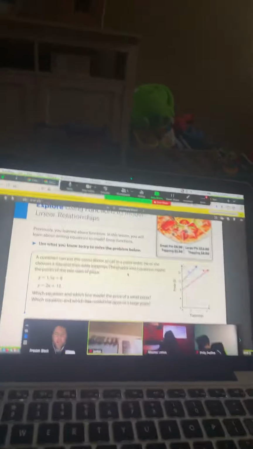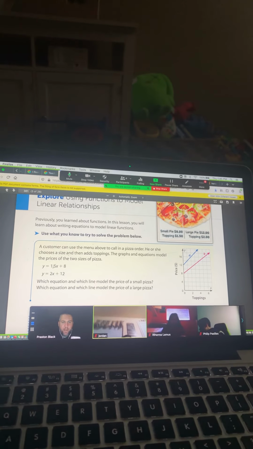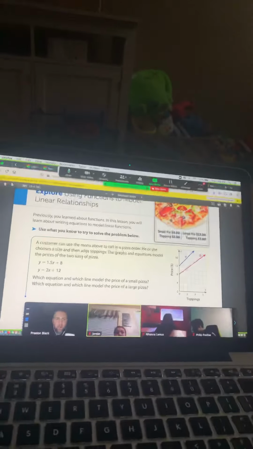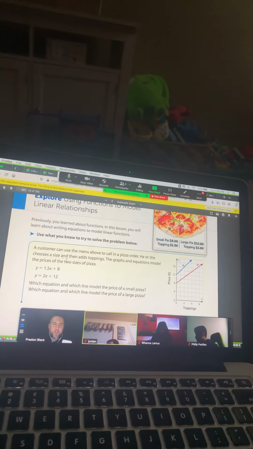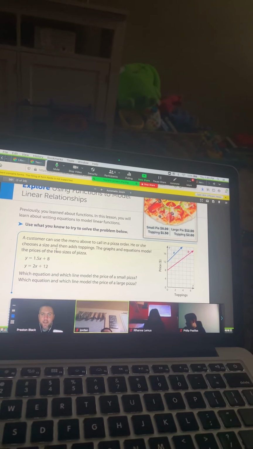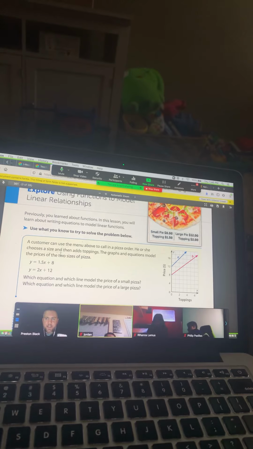All right, so we are looking here at a graph. We see some equations here. And now let's go ahead and read the problem. A customer can use the menu above to call in a pizza order. He or she chooses a size and then adds toppings. The graphs and equations model the prices of the two sizes of pizza.